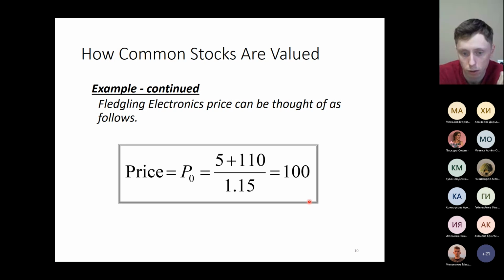So if we convert this exercise, knowing that the discount rate is 15%, that the dividend is 5, and that the price next year is expected to be 110, we can estimate the current price of the stock.